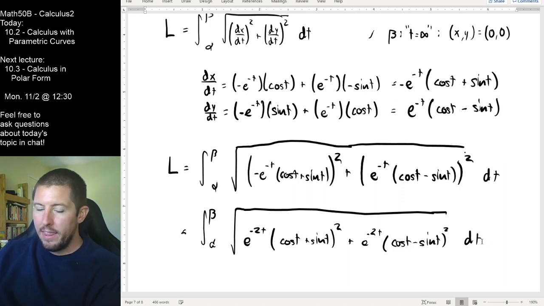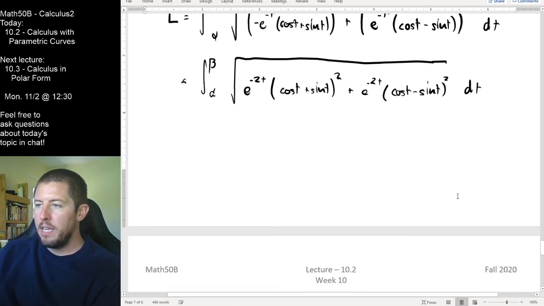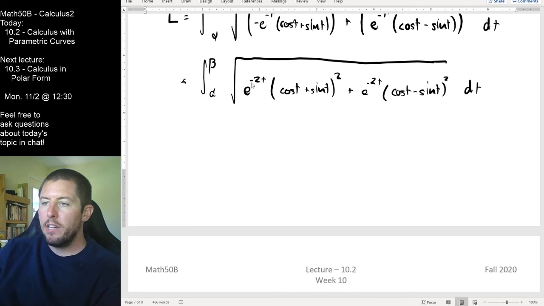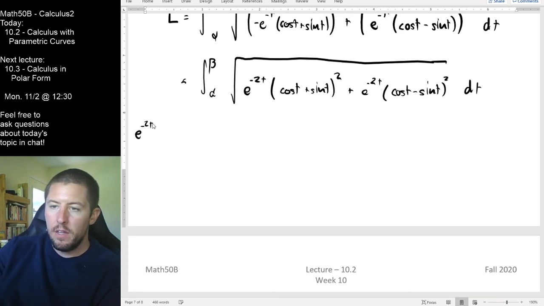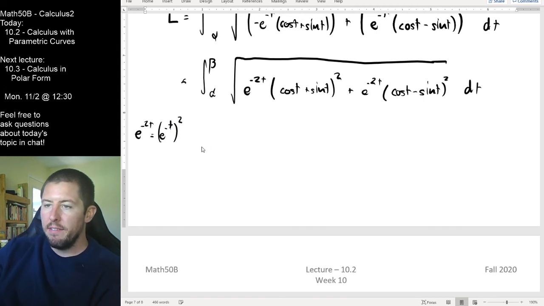And I'm kind of thinking this might work out because I can factor out e to the negative 2t. E to the negative 2t is the same thing as e to the negative t squared, right? So I'm going to get this e to the negative t now outside of the square root.